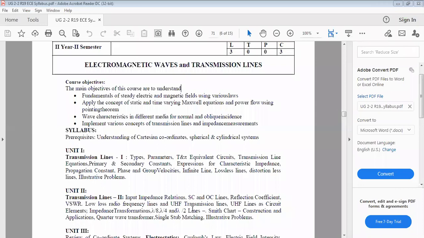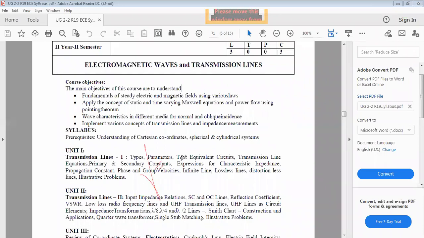What are the primary and secondary constants? The propagation constant is always represented with gamma.